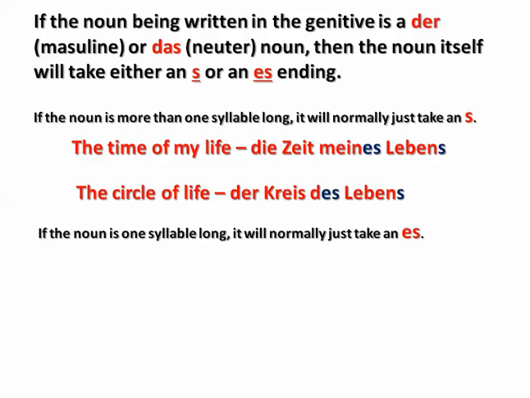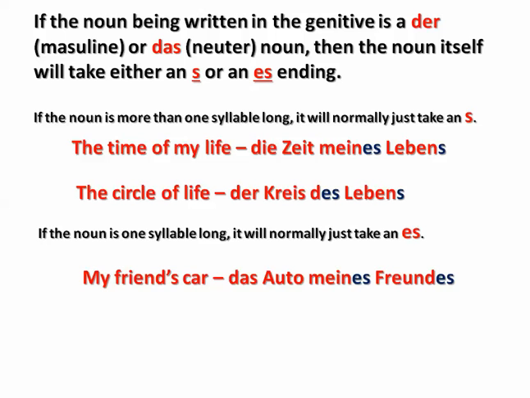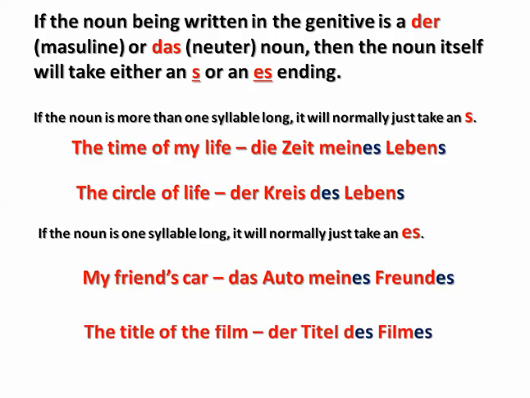Leben is 2 syllables long, so it just has to take an S on it, which I've highlighted here. Now, if the noun, masculine or neuter, that follows a genitive preposition in our examples is only 1 syllable long, it will take an ES, like das Auto meines Freundes or der Titel des Filmes.